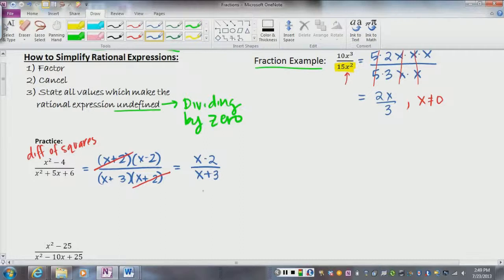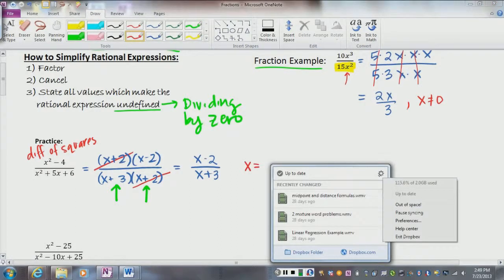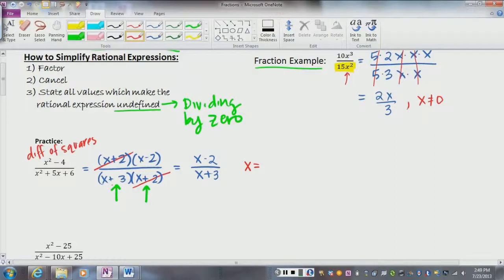And then we ask ourselves, when would this rational expression be undefined? We want to state what x cannot be in this case. So we're going to add this condition, and we are looking at the factored form of the denominator, and we're going to say that x cannot equal negative 3 or negative 2.